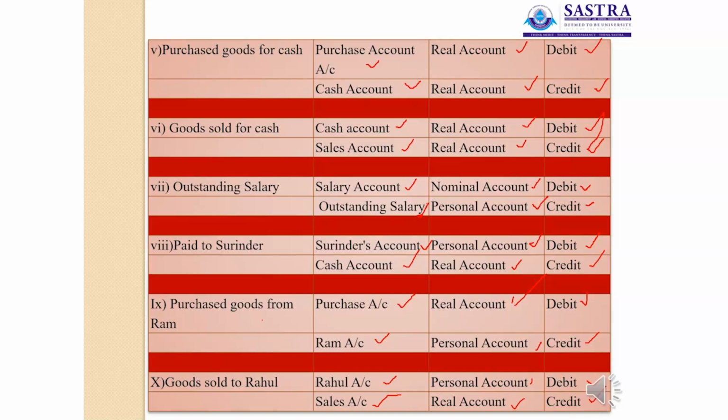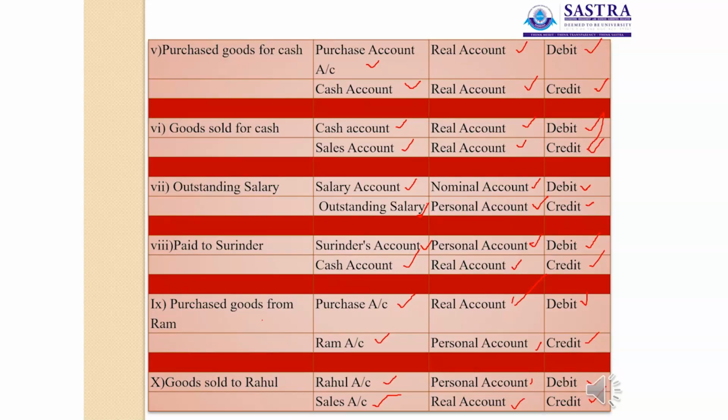So these are the procedure for analyzing the transactions, for recording the journal entries in the books of journal. Before recording the transaction in the journal, first you have to identify the accounts. Next, after identifying the account, you identify which is to be debited and which is to be credited.